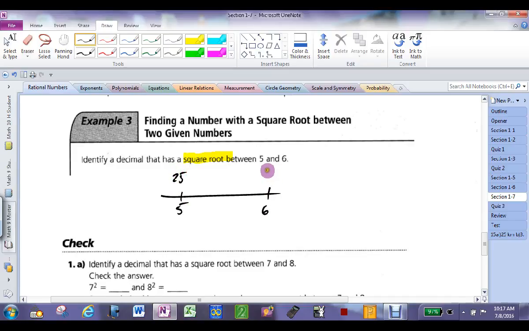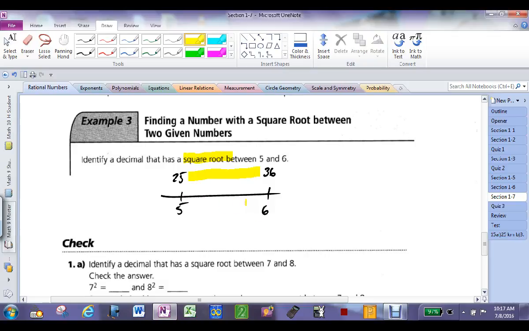What is 6 squared? 36. So how many numbers do I have in there? 11. I have 11 whole numbers, but I also have an infinite amount of decimals, don't I? So which decimals will work? All of them, between 25 and 36, will give me a root between here and here.